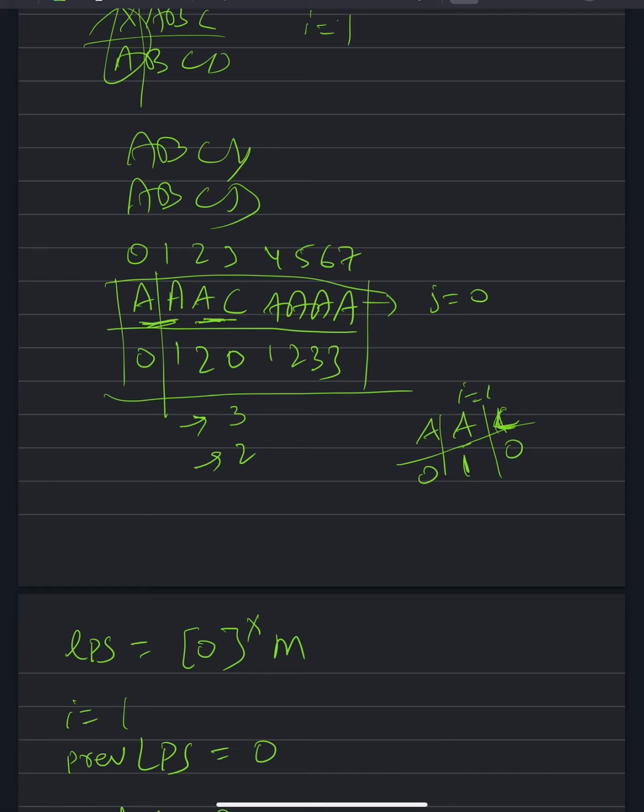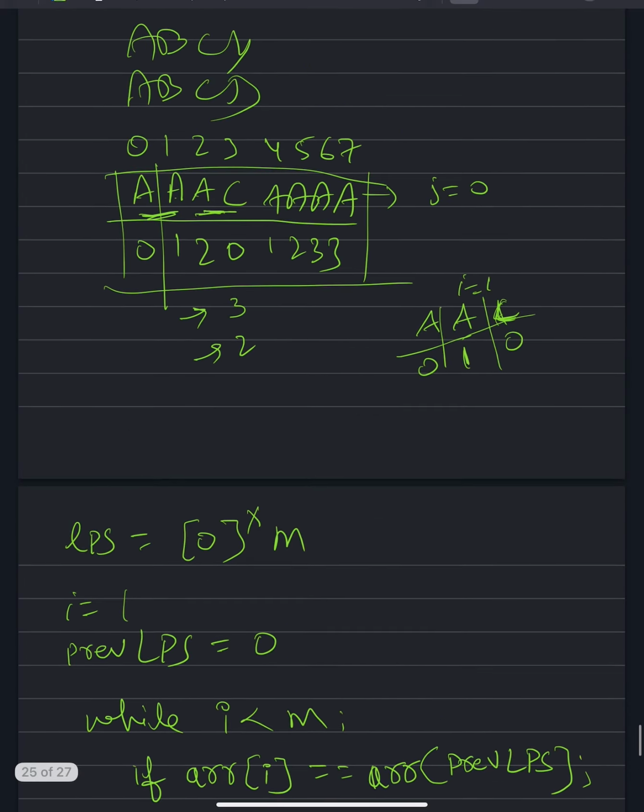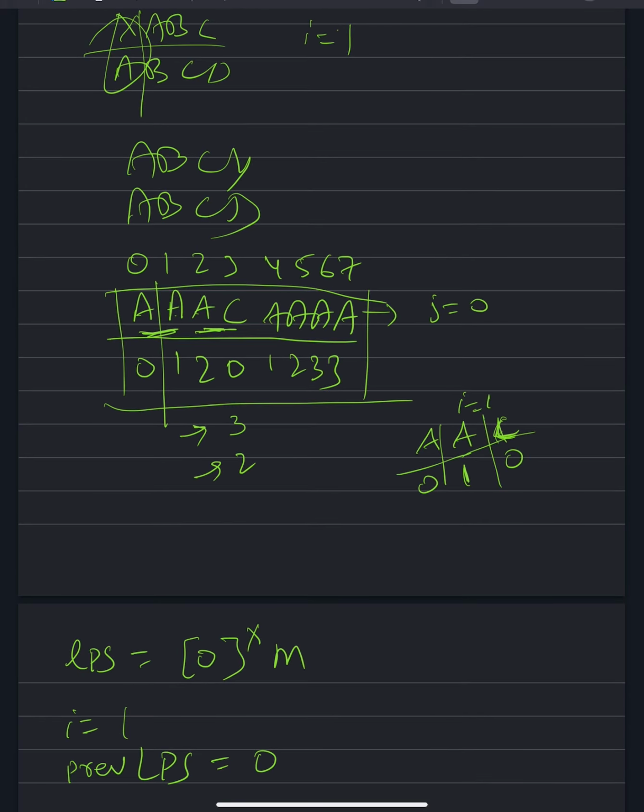AA is matching, so we should check whether A and C match. We check, it is not matching. Then we again come to the else case, and 2 minus 1 is 1. Now we are checking if it's possible to have 1 as the size of the LPS. 1 means A equal to C, but that is also not the case. That means LPS of this is 0.